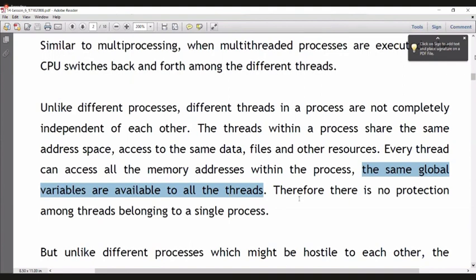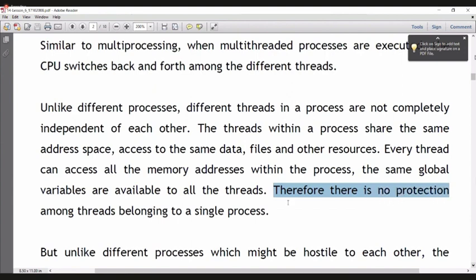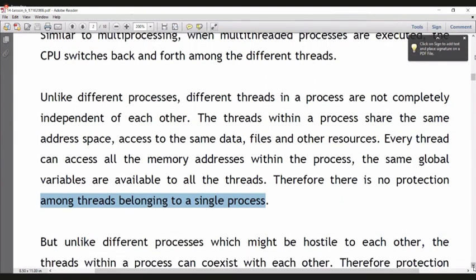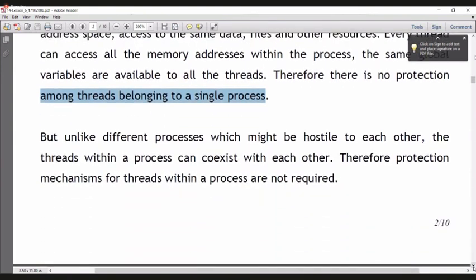So how can there be protection? The programmer has to take care of this. Therefore, there is no protection among threads belonging to a single process. In a way, that's a disadvantage: less protection.